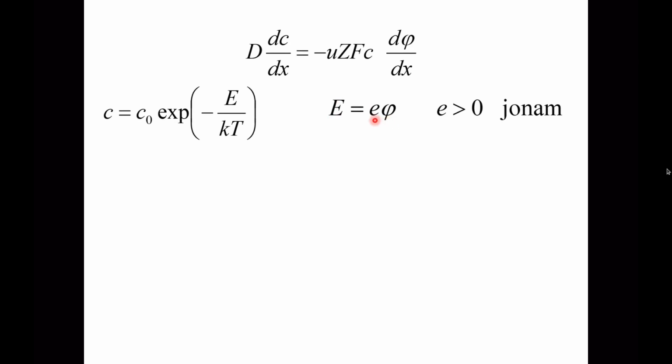E is a charge; if it is a charged ion, the E value is positive. Therefore, instead of this activation energy, actually this is the electrical energy that we apply to move the particles. We can surely write E phi.